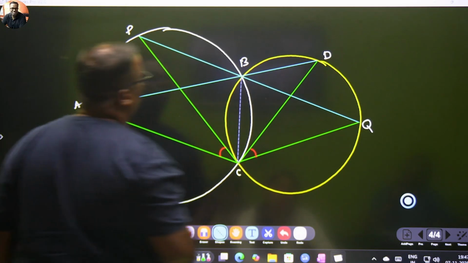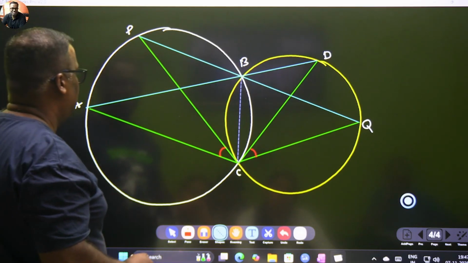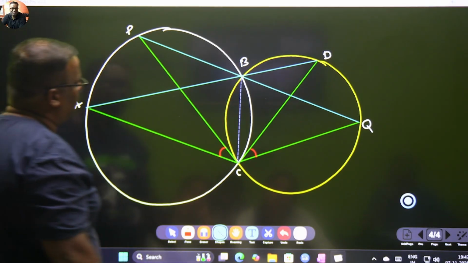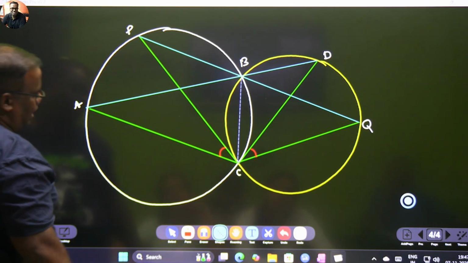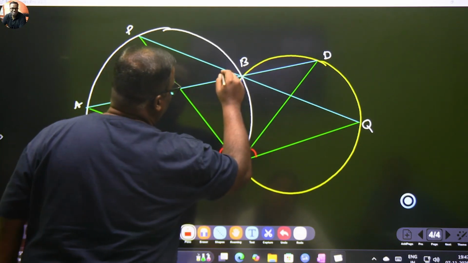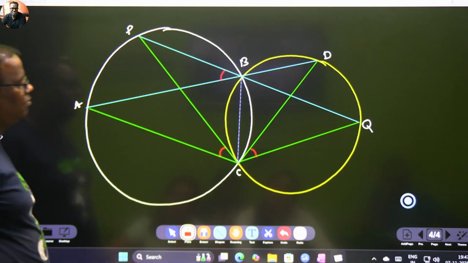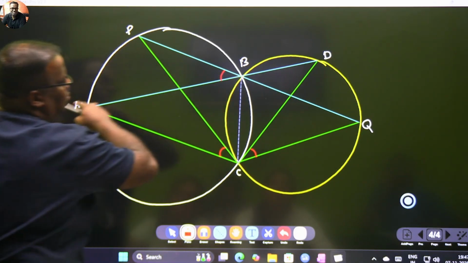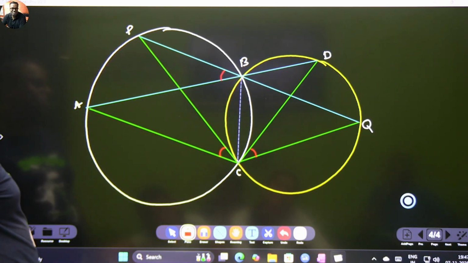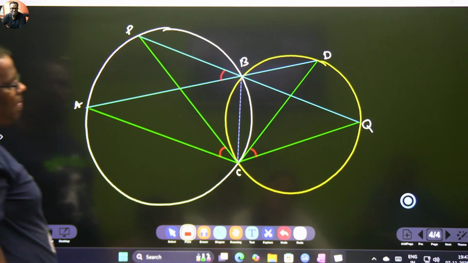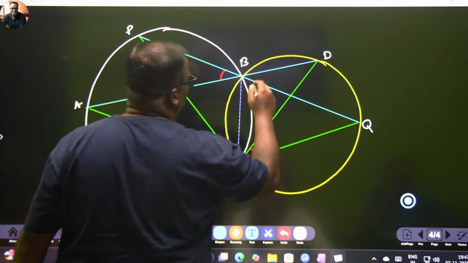This is a cyclic quadrilateral also. Now the angle they are asking about should be equal to this angle by the angles-in-the-same-segment theorem. Agreed? And this angle should be equal to this angle.